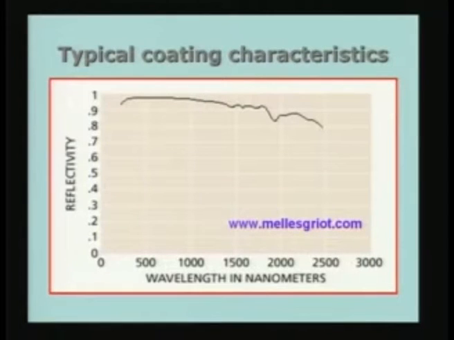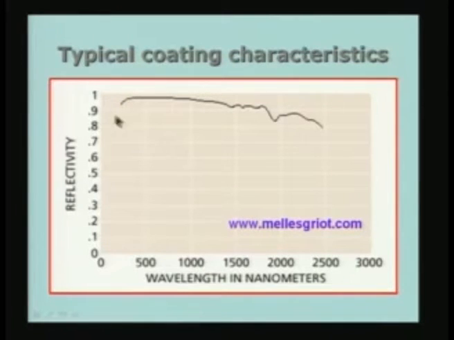Let us look at the typical coating characteristics of an integrating sphere. This is taken from the manufacturer's website, www.mellesgriot.com. They are manufacturers of such equipment, and this is for use between about 300 nanometers to about 2500 nanometers, the visible and the infrared part of the spectrum, which we usually call the near infrared.